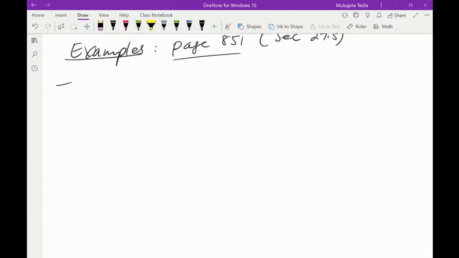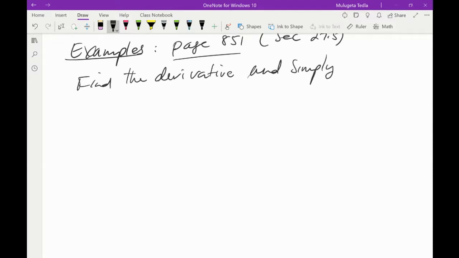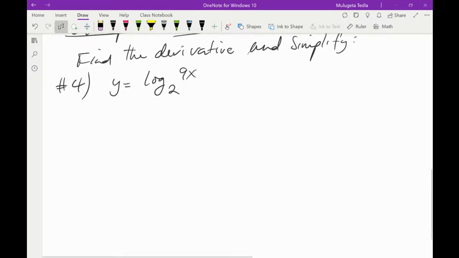The instruction is to find the derivatives and simplify. In other words, give the answers in simplified version. Number 4 is y equal to logarithm of 9x to the base 2.